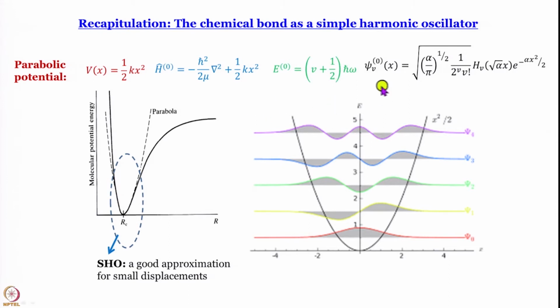And this here is the wave function of a simple harmonic oscillator, some constant multiplied by a Hermite polynomial multiplied by a Gaussian function. So, this is how they look, and I hope you have figured out why it is okay for these wave functions to go out of this potential energy surface. That is how we get it.